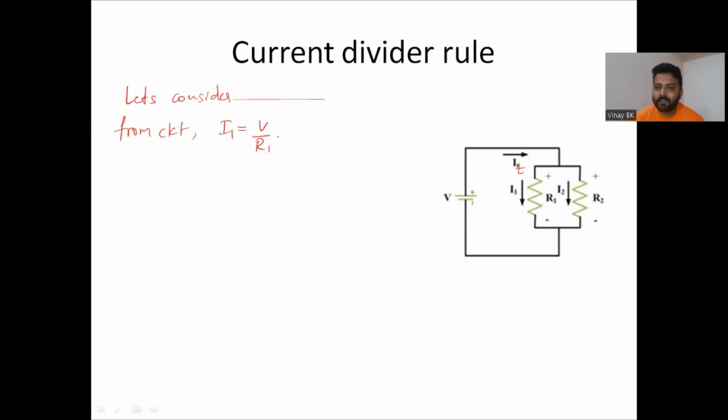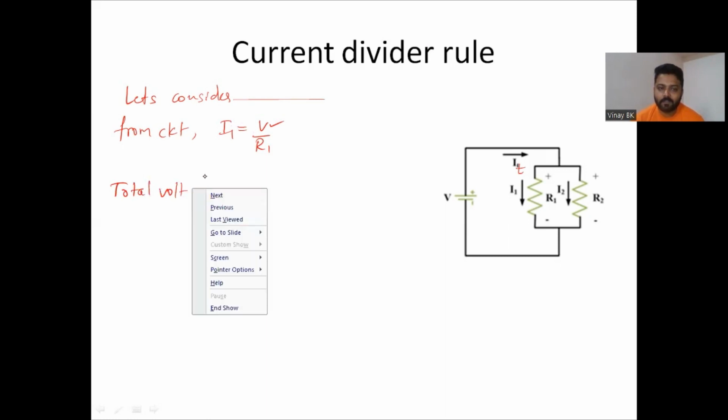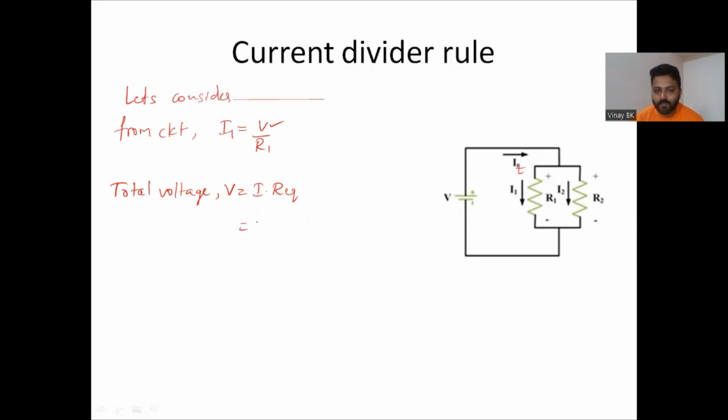If you want to get the divided current, that is, the value of I1, you should get the value of V. So how will you write the total voltage V? Total voltage V equals total current into total resistance, that is R equivalent. So you can get V equals I into R equivalent.